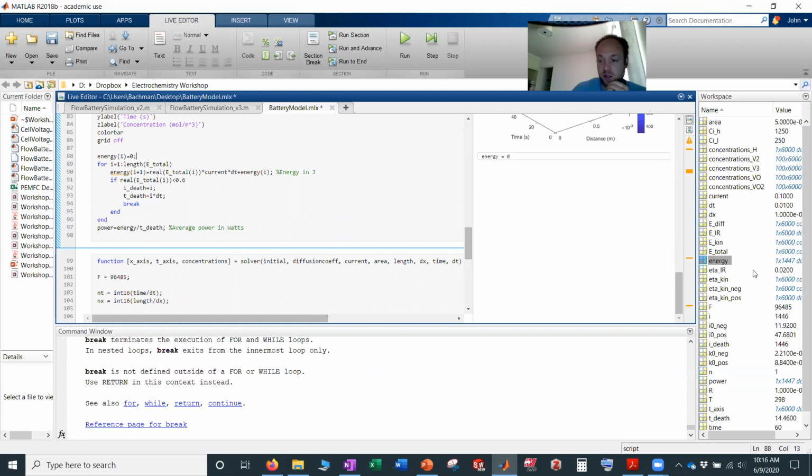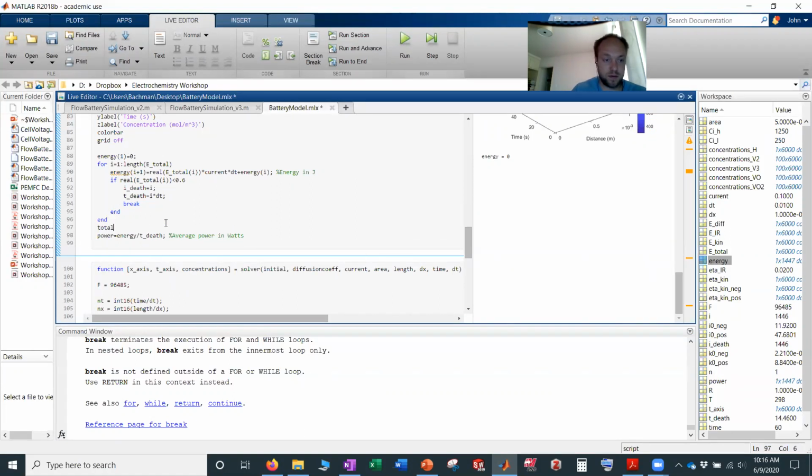Comment the energy. Okay, what we need to do is total energy. Total is going to be energy of end, so that'll be the last one.